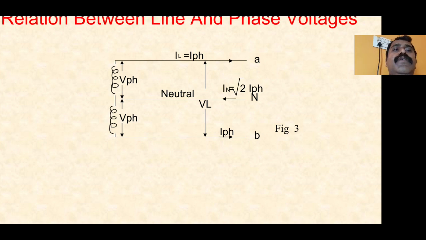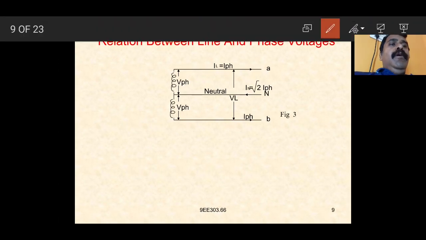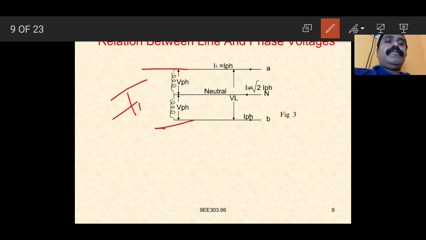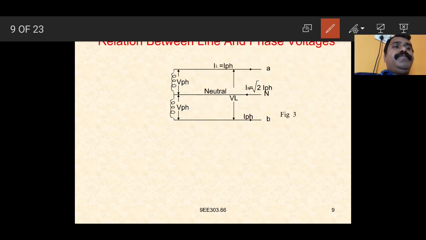We can consider these as the line voltages, these as the phase currents, and these as the line currents IL, IL and IL. So IL equals root 3 of I phase.